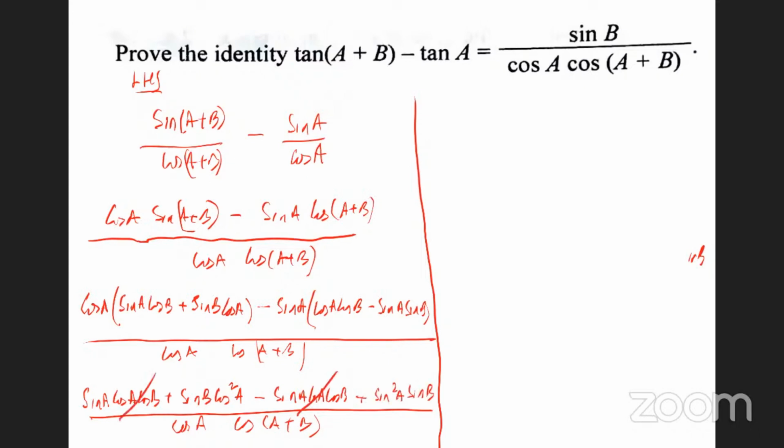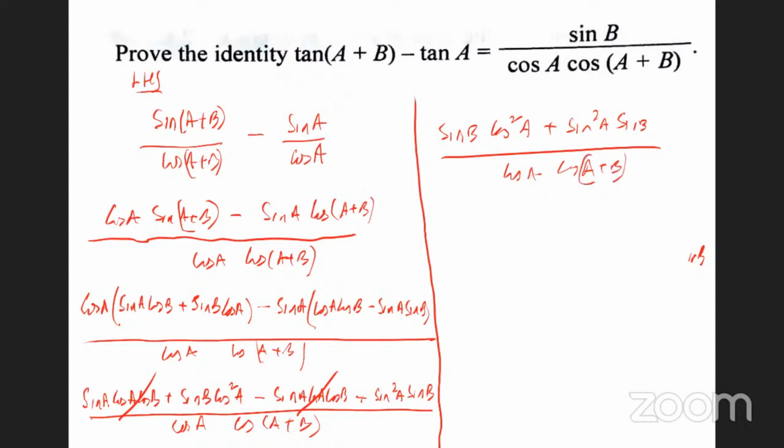This will cancel with this, so that'll be sine B cos squared A plus sine squared A sine B all over cos A plus B.